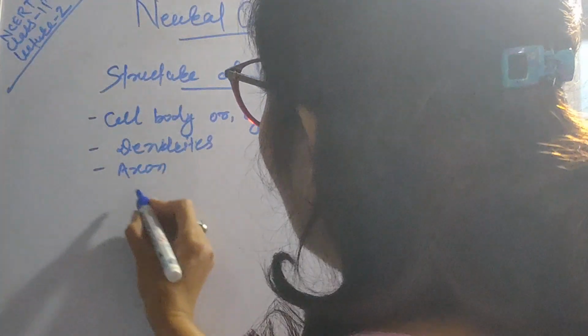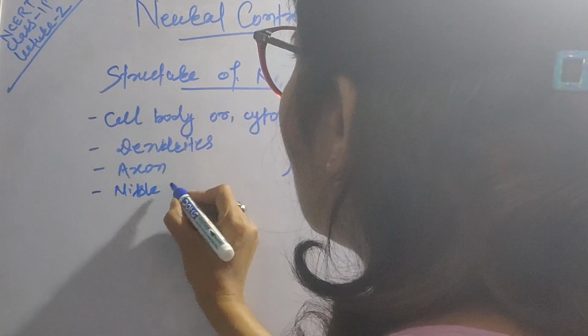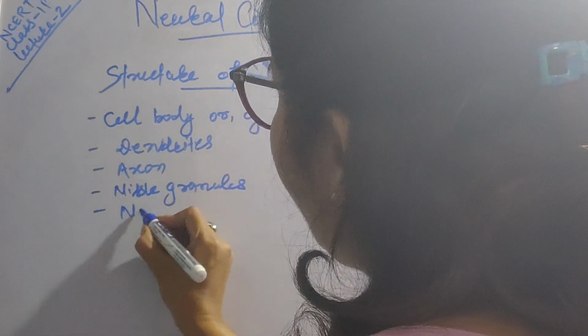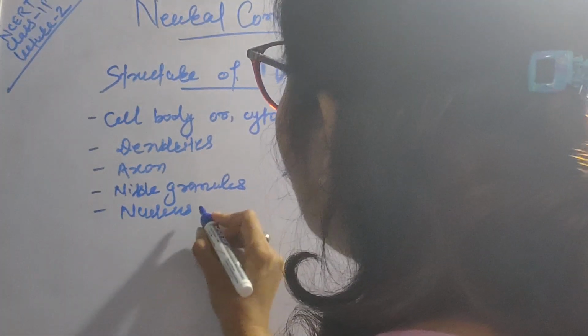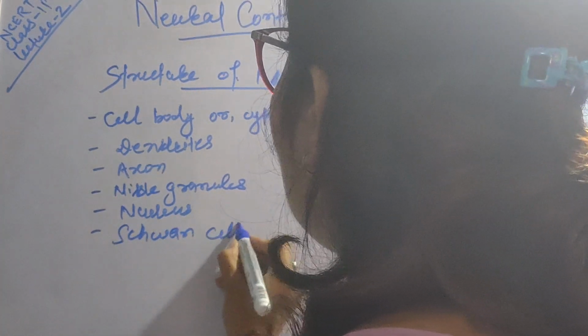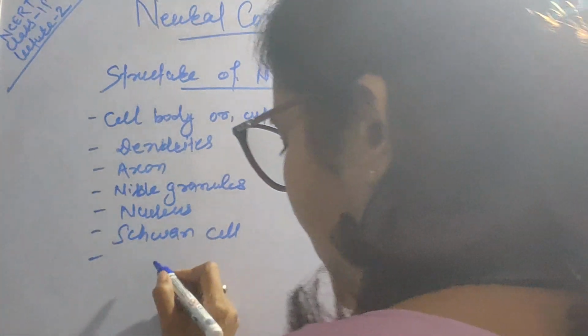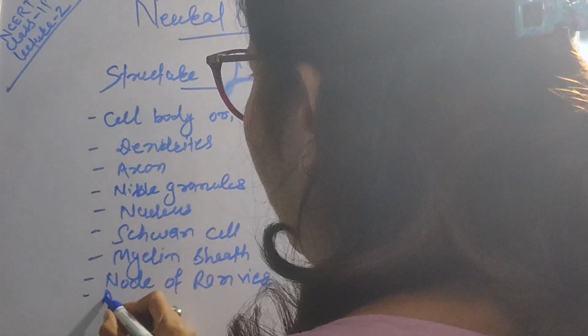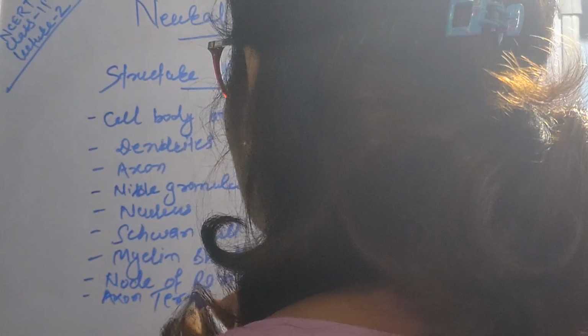Apart from this, there are Nissl granules, then the nucleus, which are present inside the cell body, Schwann cell, which helps in synthesis of the myelin sheath, then the myelin sheath itself, node of Ranvier, axon terminal, and synaptic knob.